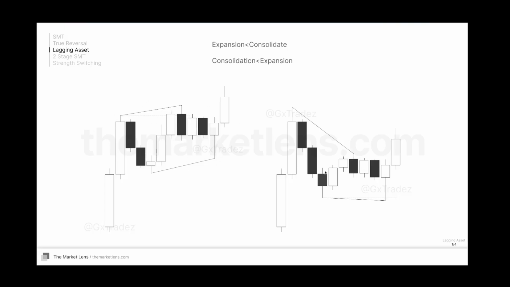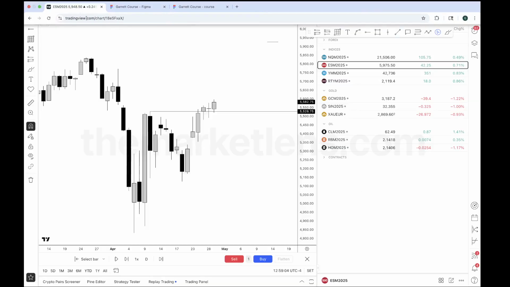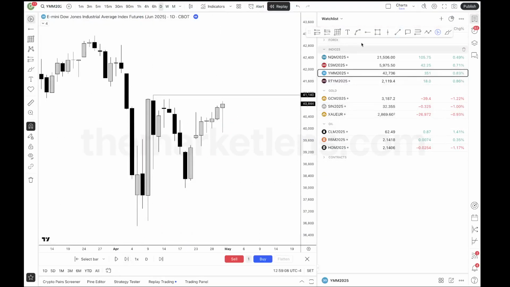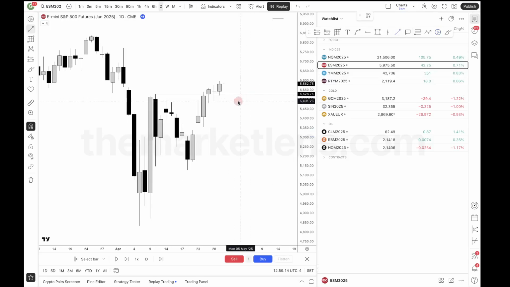What's the ideal scenario for price to catch up? It's this. The asset that was lagging actually switches strength to the stronger asset. So what do we see here? Boom. Look at this Friday low, it creates a higher high over here.